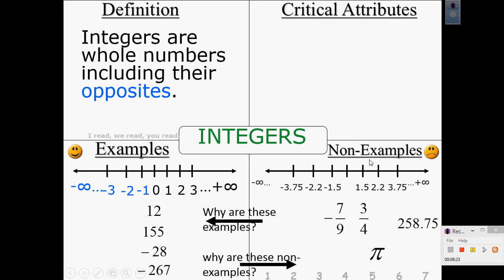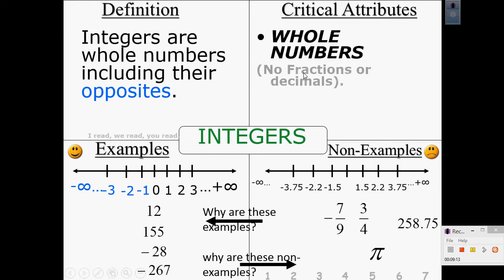So, now that we know why they're not integers, let's focus back on integers. What would be one of the most important things to remember about integers? Yes? Whole numbers. Write that in here. That's a critical attribute. Whole numbers. And in parentheses, what would you clarify just to let everybody know what whole numbers are? They are not what? Exactly. No fractions or decimals.